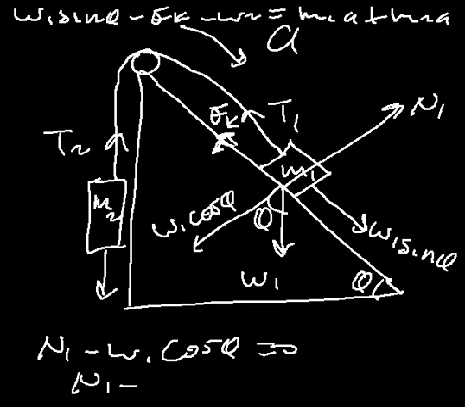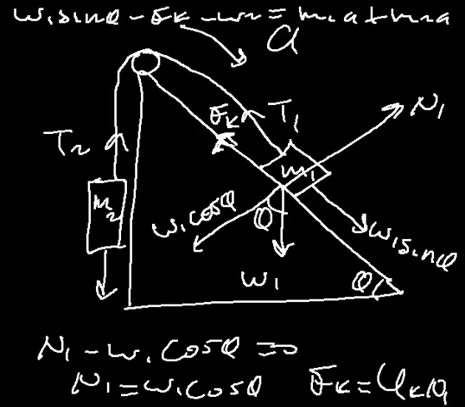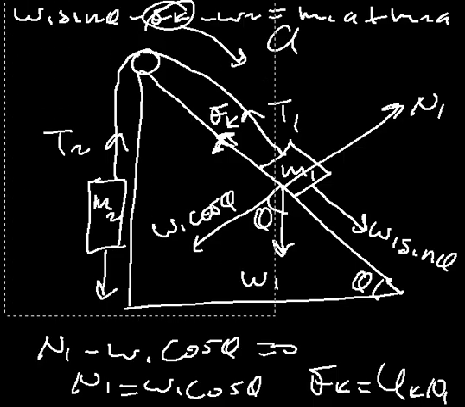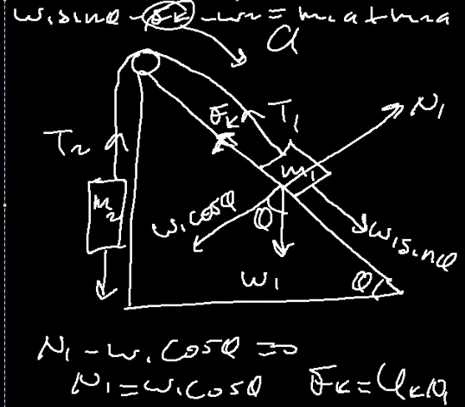Therefore, the normal force 1 is equal to weight 1 cos theta, and Fk is given as mu k times the normal force 1. We'll put it here, then we'll have everything out. So that's the working principle behind this kind of case. You should understand that.